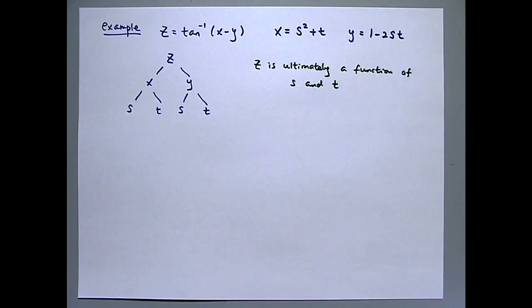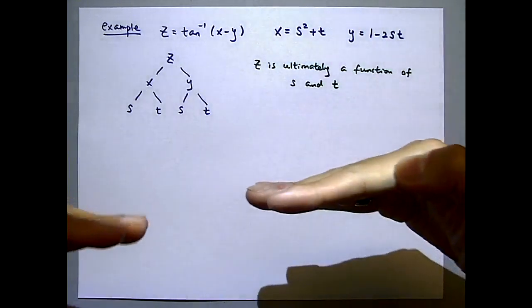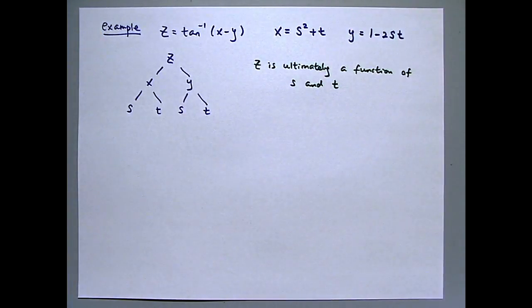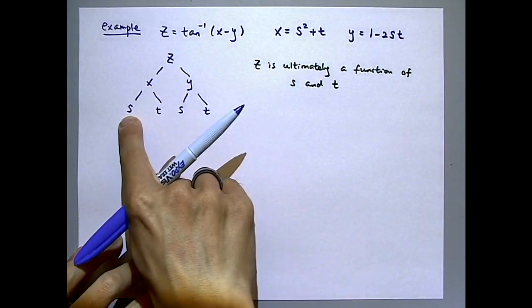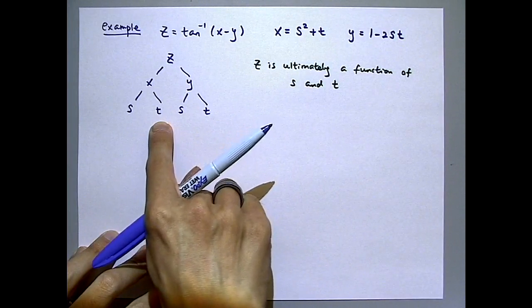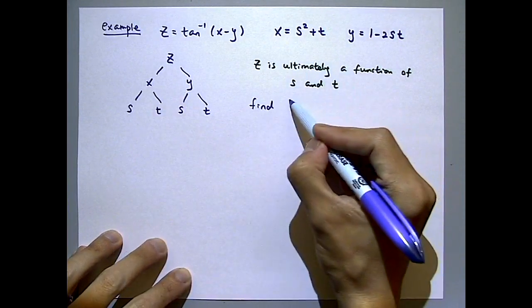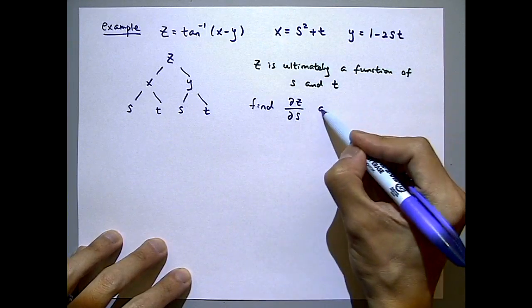When x and y are changed, z is changed. There's a chain reaction going from the bottom of the tree to the top of the tree. So z is really changed by s and by t. Let's find out how that happens. What these two look like.